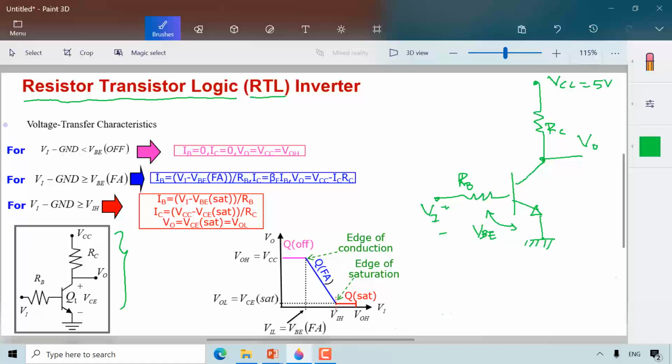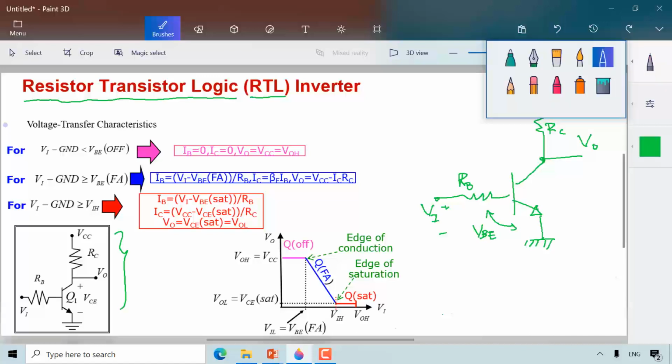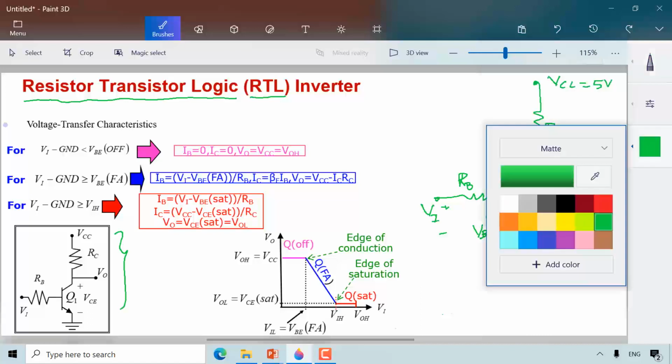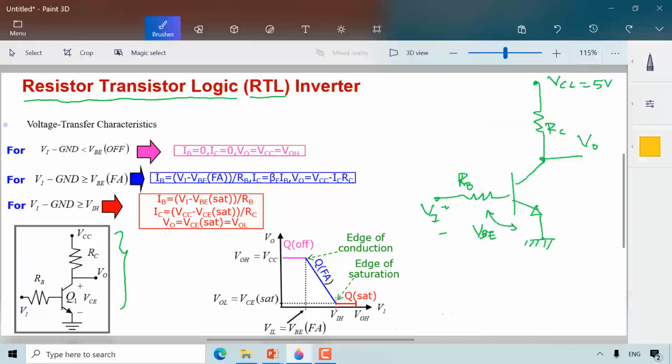Now, let's take a look at the input. You can see here there are 3 cases: case number 1, case number 2, and case number 3. In case number 1, the input is less than VBE, the one that turns on the device, which is the VBE for forward active.